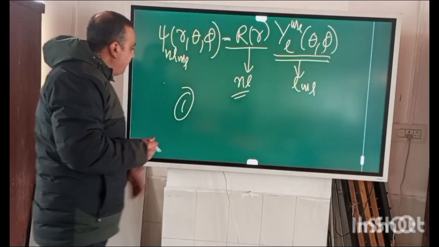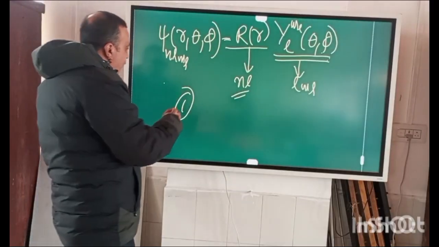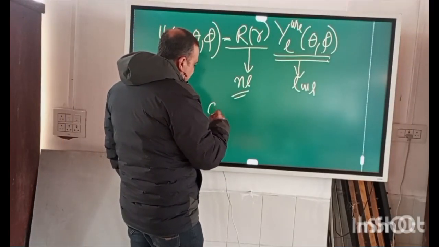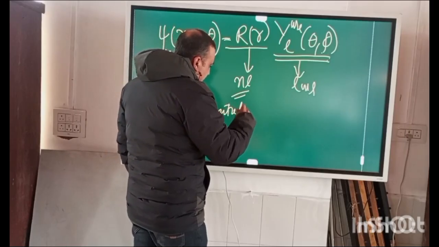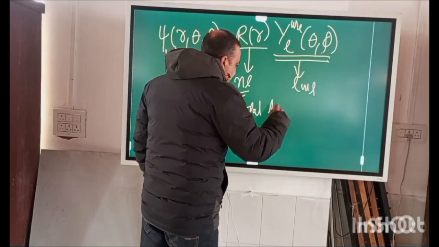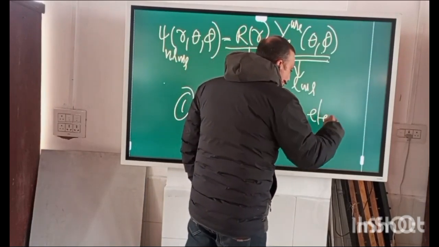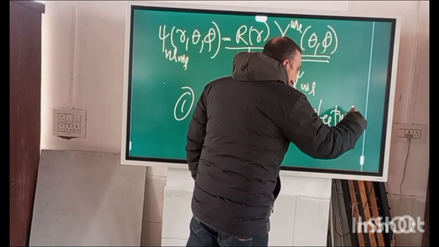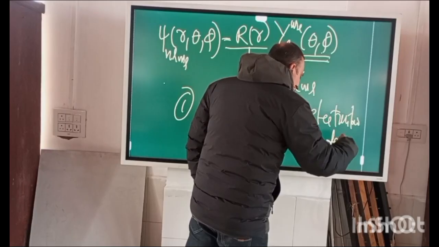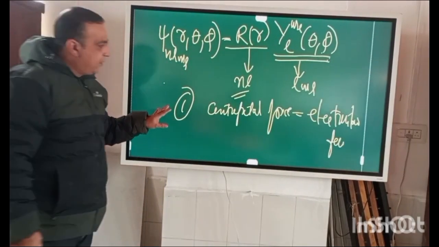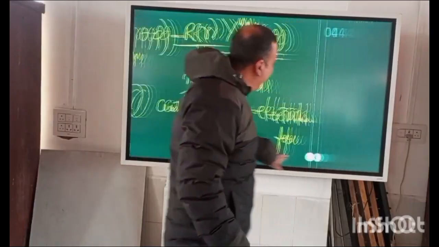So the first postulate of Niels Bohr was that this centripetal force is balanced by the electrostatic force. Okay, so this is the first argument of Niels Bohr, and we can write this down mathematically.